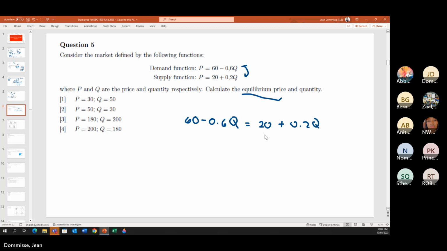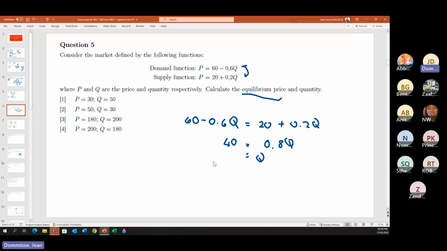Then again, I want all the negatives, all the positives on the one side. So the minus 0.6 to that side will make it 0.8 Q. On this side, it will be minus 20. So 0.8 Q will be equal to 40. So Q will be equal to 50.